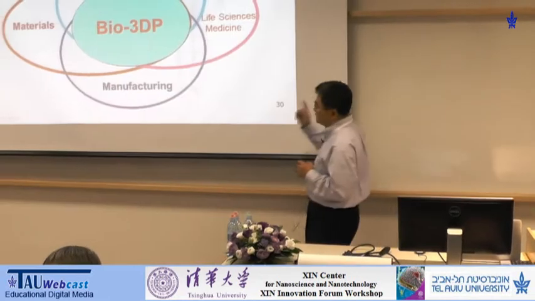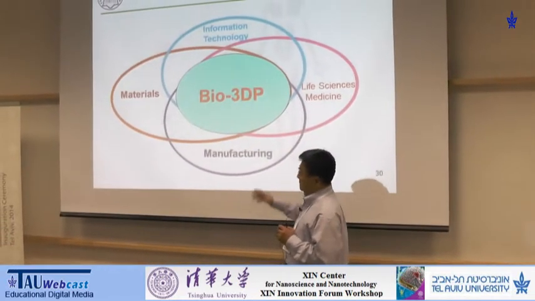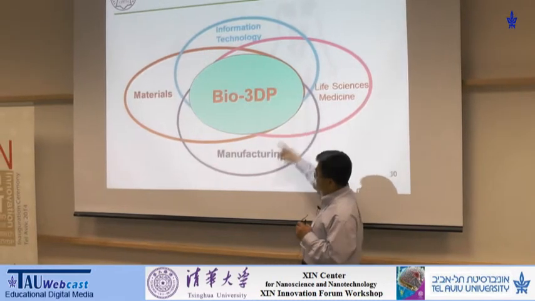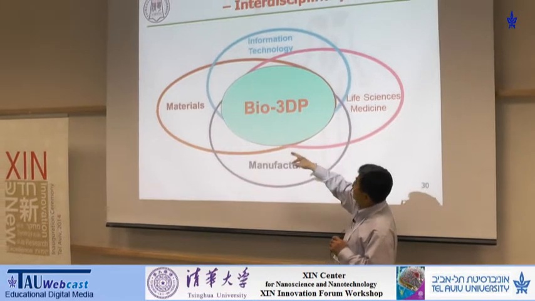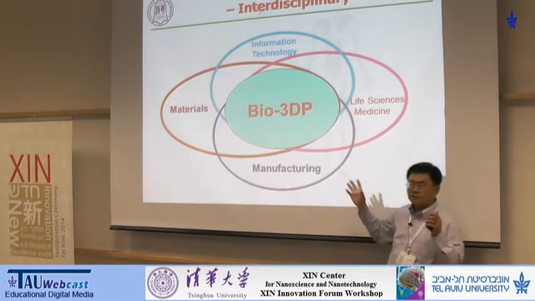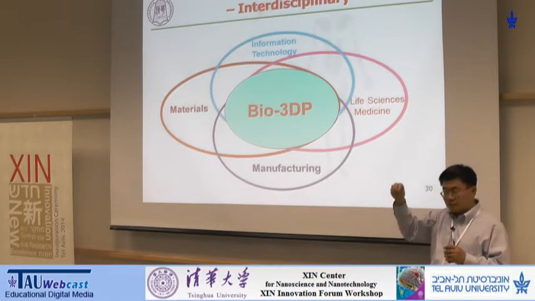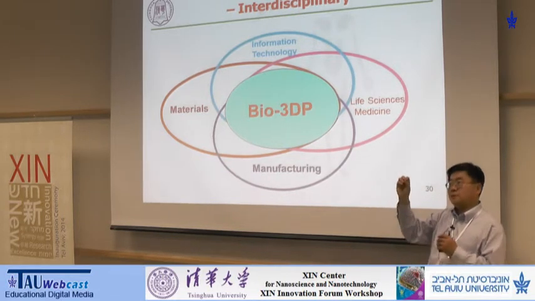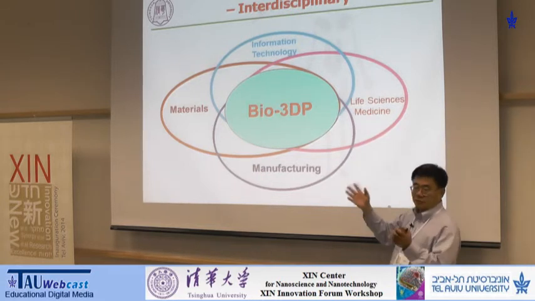Second, this is very multidisciplinary. It's a big field with big insight. We use manufacturing, biomaterials, cells, and information technology, because everything you do needs a model that controls the nozzle and tells the three-dimensional space where and how to put the cells, and also the growth factors.